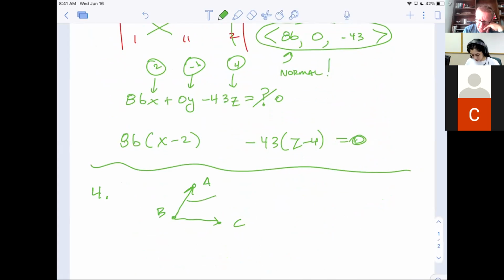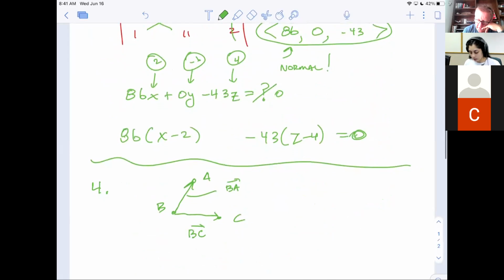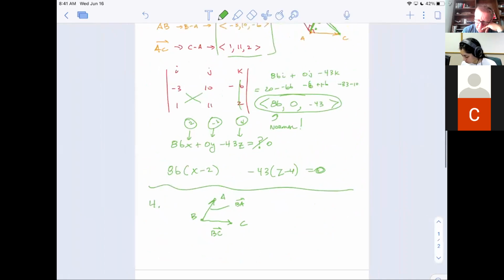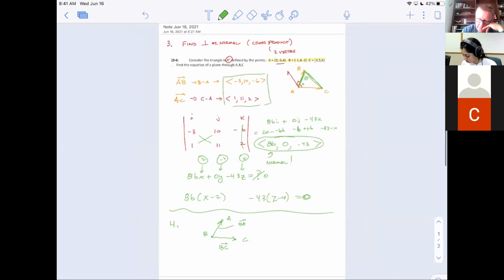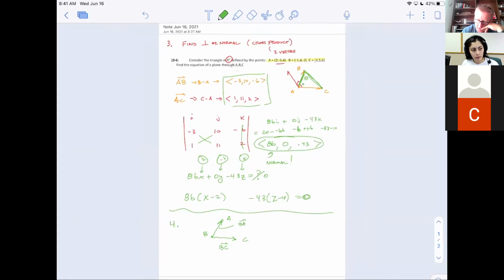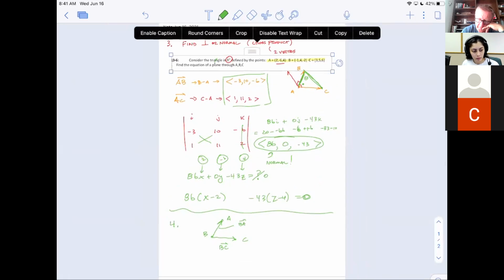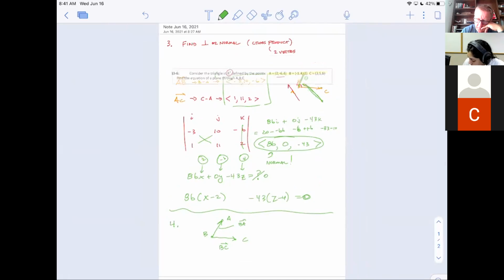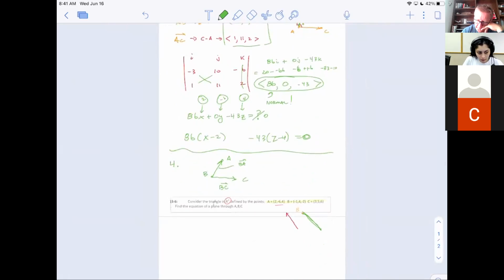This one would be called vector BA since it goes from B to A, and this one would be from B to C. So I'm going to need those 2 vectors. So BA, copy. How do I do that? I guess I'll just drag it down here.